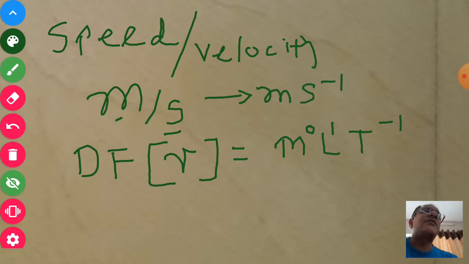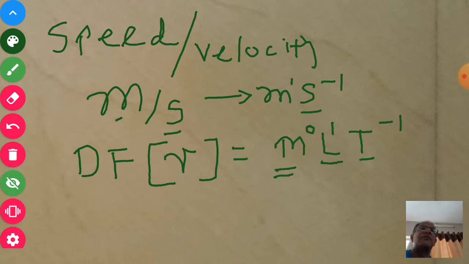Whichever is the power, meter raised to 1 gives L raised to 1, and second raised to minus 1 gives T raised to minus 1. There is no kg, so mass is not measured, so we write M raised to 0.